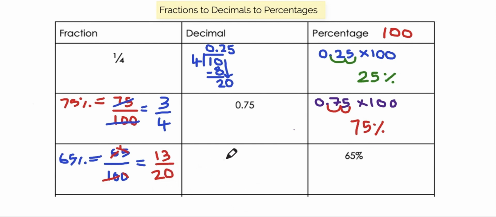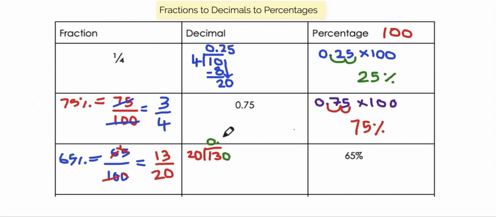Alright, when we go to our decimal, we're gonna do it like this. We're gonna say 20 goes outside, 13 goes inside the house, and we use our long division method to calculate. Can 20 go into 13? No. We put a 0, we put a point. Then we add an imaginary 0 again to the 13. Can 20 go into 130?